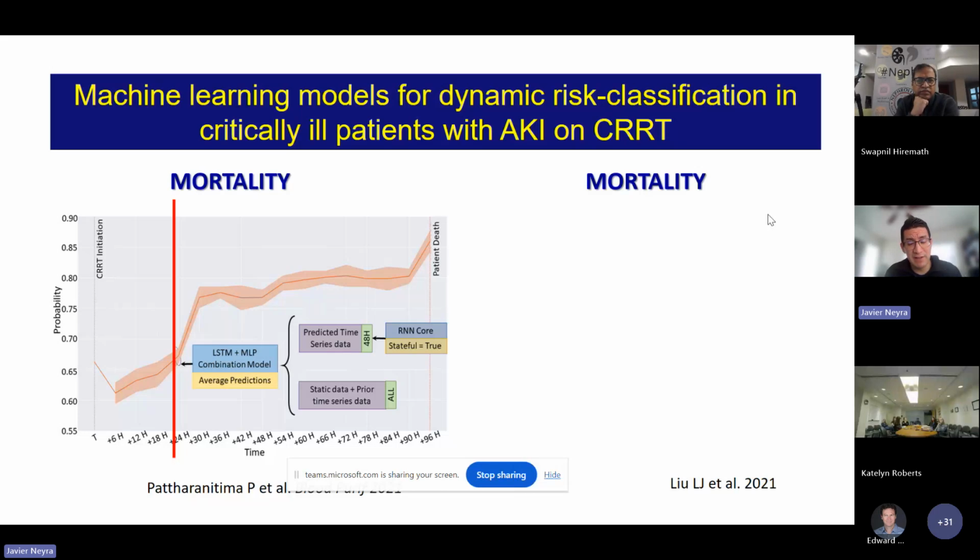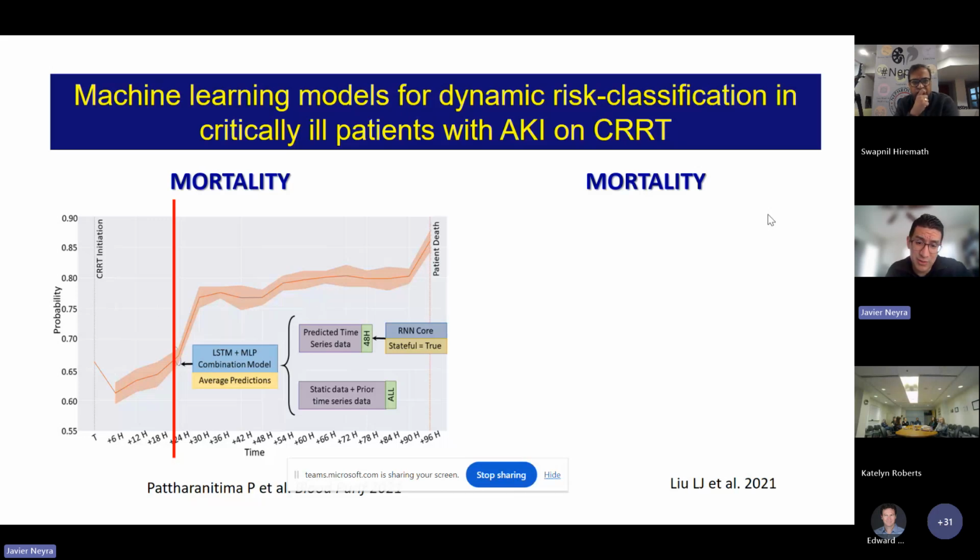Now, if we go to more examples of dynamic risk prediction, this is another case scenario: patients requiring continuous support with dialysis, in this case CRRT. On the left side of the panel, we used the MIMIC-4 data set to identify a dynamic risk prediction of mortality. These patients have a high risk of mortality.